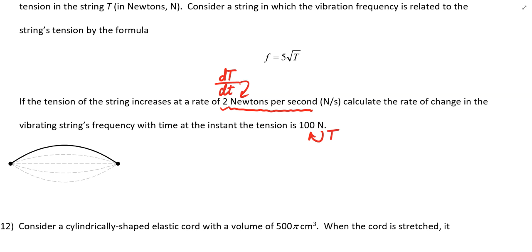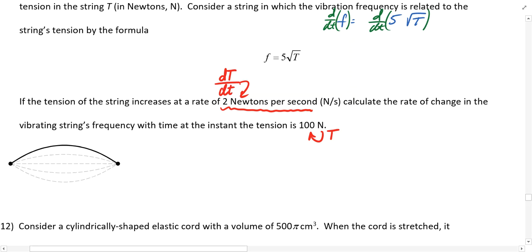What I'm going to do is start with that function. I'm just going to rewrite it over here to give me a little bit more room to work. I'm going to apply the derivative with respect to time to both sides of the equation.